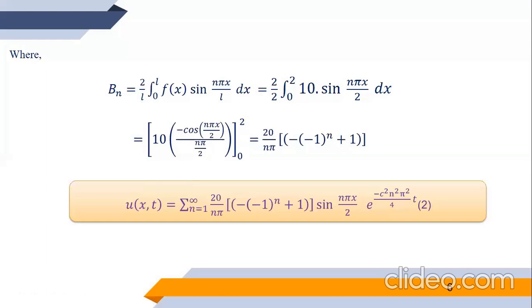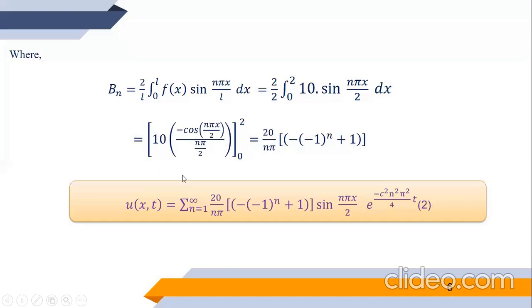So the calculation of this term gives 20 by n pi (1 minus (minus 1) raised to n). So the value of b_n is 20 by n pi (1 minus (minus 1) raised to n).